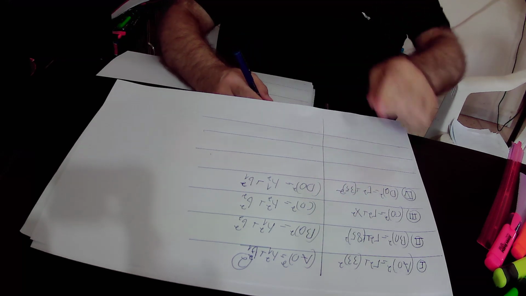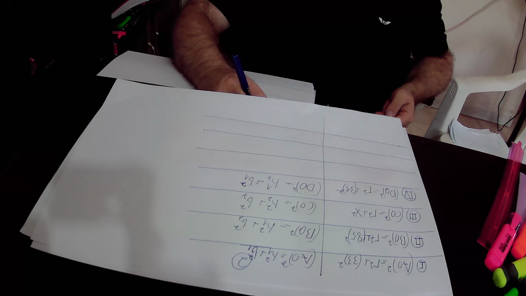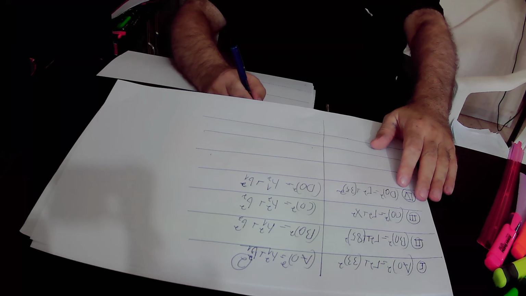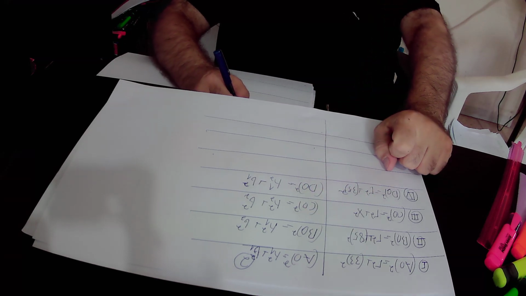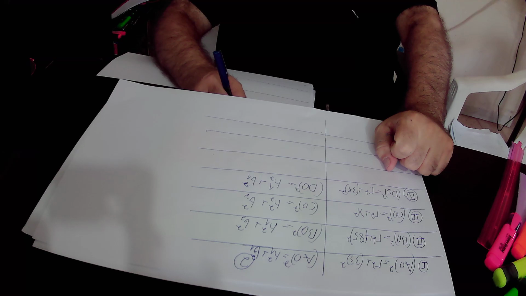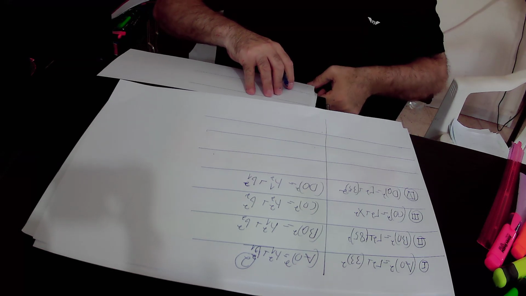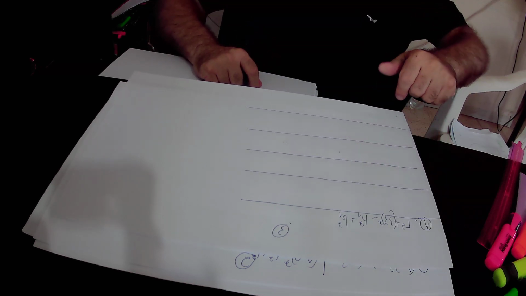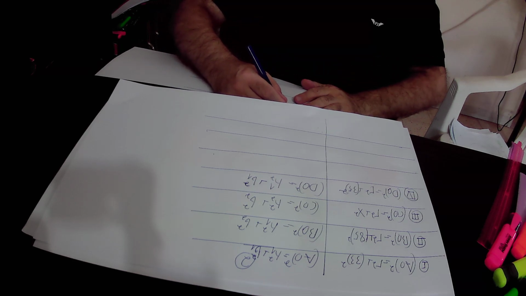AO squared according to equation 1 is R squared plus 33 squared, and it must be equal to AO squared according to equation 2, that is H1 squared plus B1 squared. So in conclusion, R squared plus 33 squared equals H1 squared plus B1 squared.